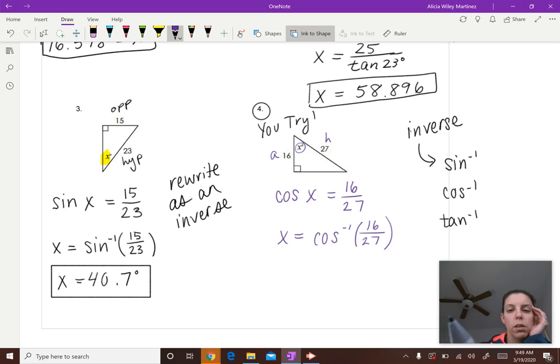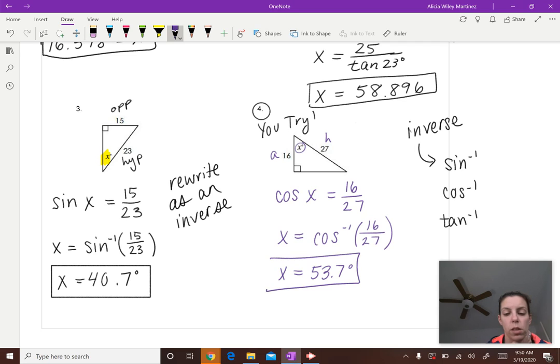Putting it into the calculator, you should have gotten 53.7 degrees. And that is your answer, right?